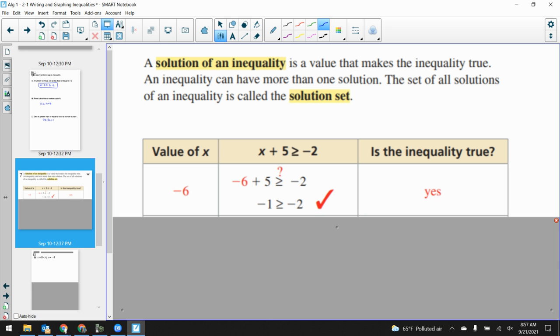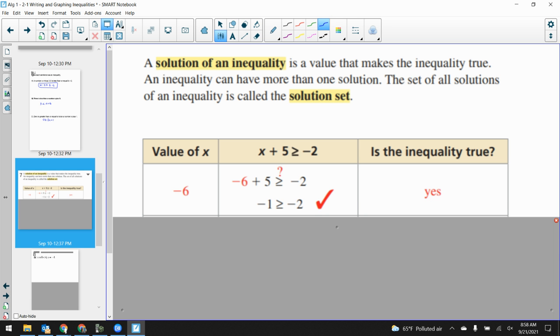And then you have to decide for yourself, is that a true statement? No longer is it just, oh, it's equal, so we're good. That was equalities. Now I have to decide whether that is a true statement. Is negative 1 greater than negative 2? Yes. On a number line, negative 1 is bigger than negative 2. So it is a true statement, so yes, negative 6 would be a solution.